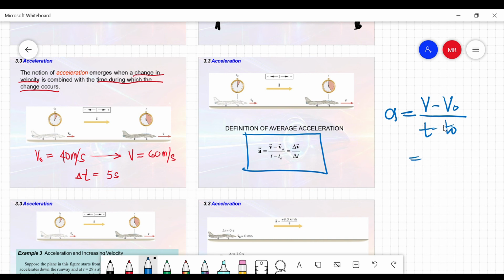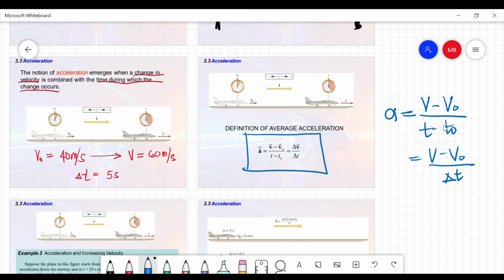Or this is just equal to v minus v sub o over your delta t, the elapsed time. Dito binigay na 5 seconds. Okay, in other book, makita nyo, ang v final is vf, ang v sub o or ang initial ay vi. Wala namang problema as long as maging consistent ka ng iyong mga variables.